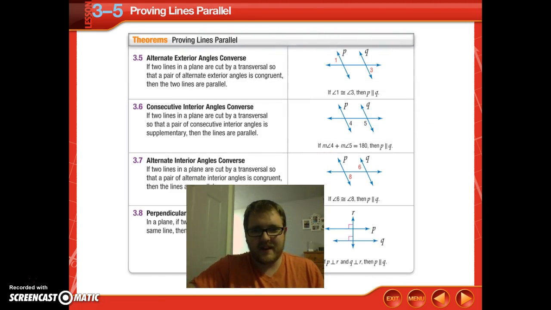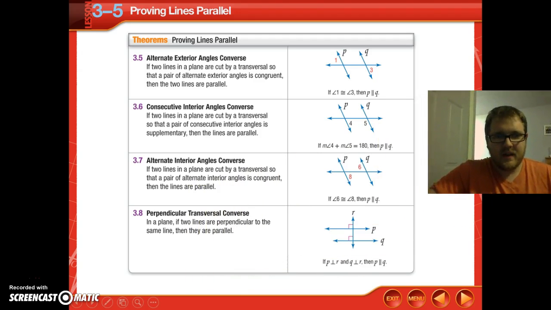Here's a bunch of postulates we want to look at. We have the alternate exterior angles converse. If two lines in a plane are cut by a transversal so that a pair of alternate exterior angles is congruent, so we're talking about 1 and 3 here, the two lines are parallel.